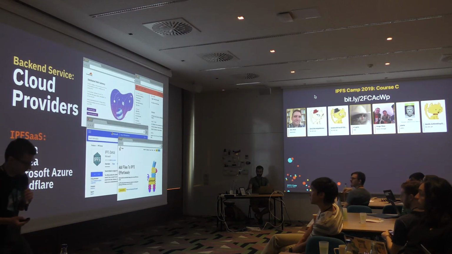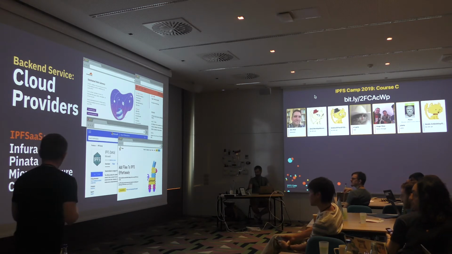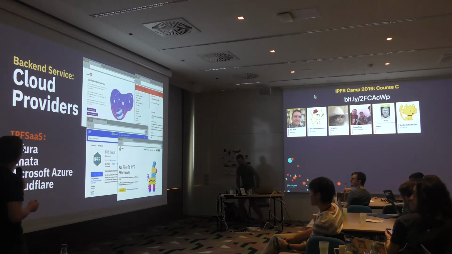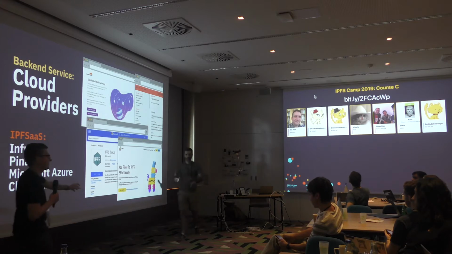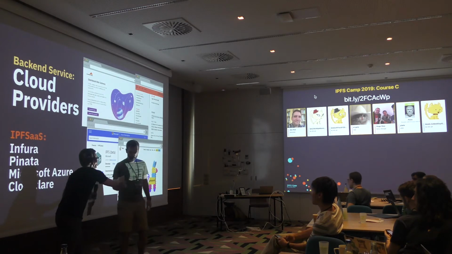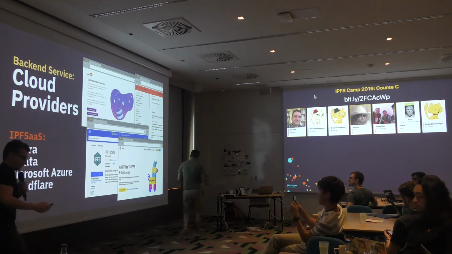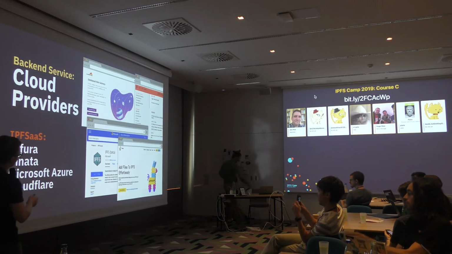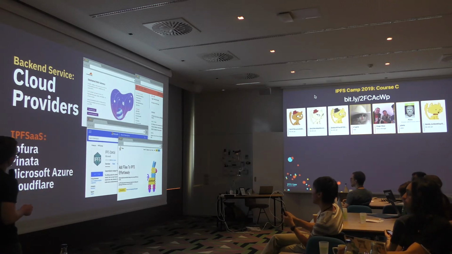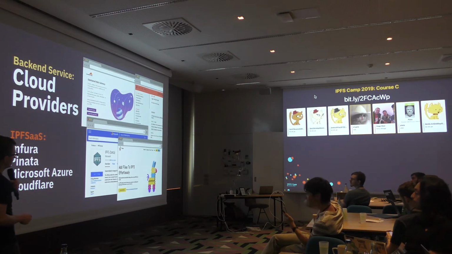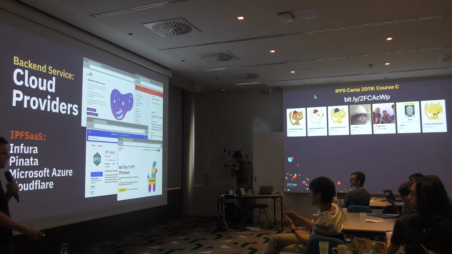Of course, you don't need to run your own infrastructure. You can pay or use someone else's. And there are cloud providers that give you either free access to free services such as Cloudflare Gateway, or basic pinning services where you get some free space to experiment, and then you can decide, do you want to continue paying people or run your own infrastructure.